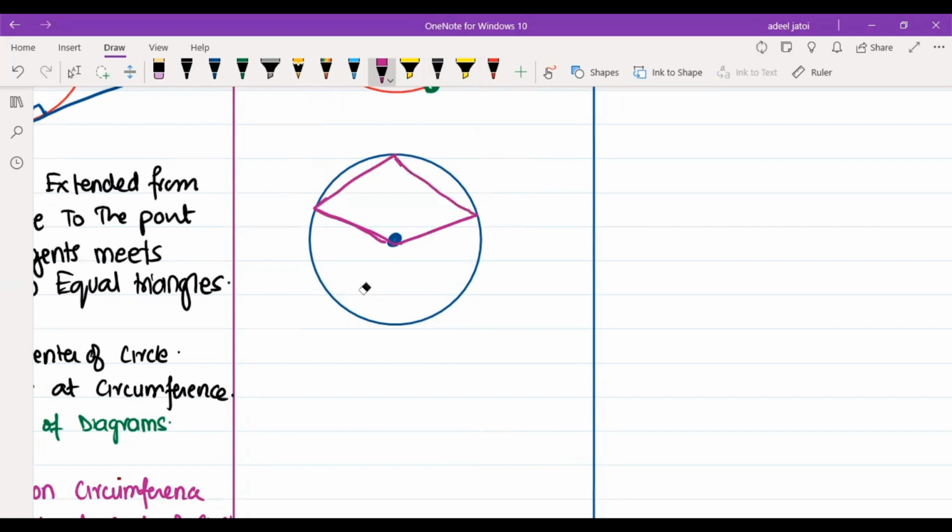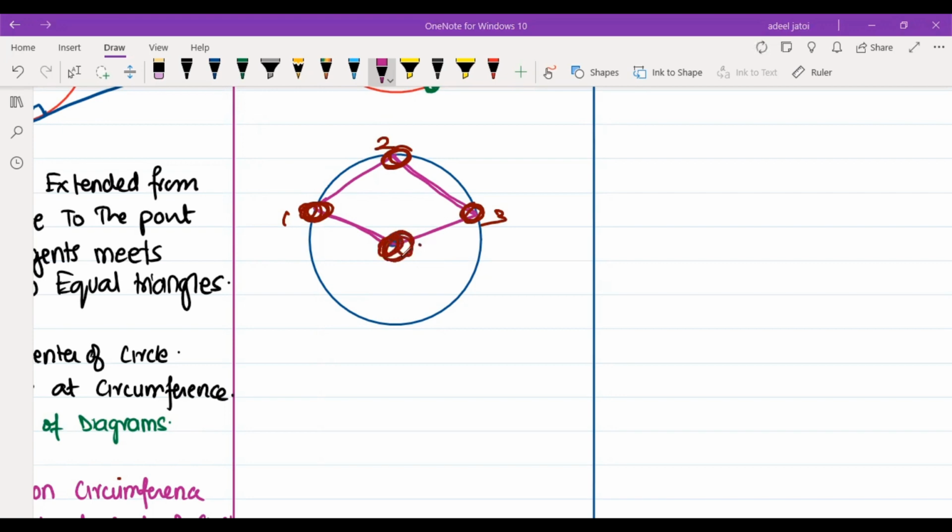Here we go. Now, in this property as well, you can see the first point, second point, third point. 1, 2, 3. These 3 points are meeting at the circumference. And there is a point on the center of the circle as well.